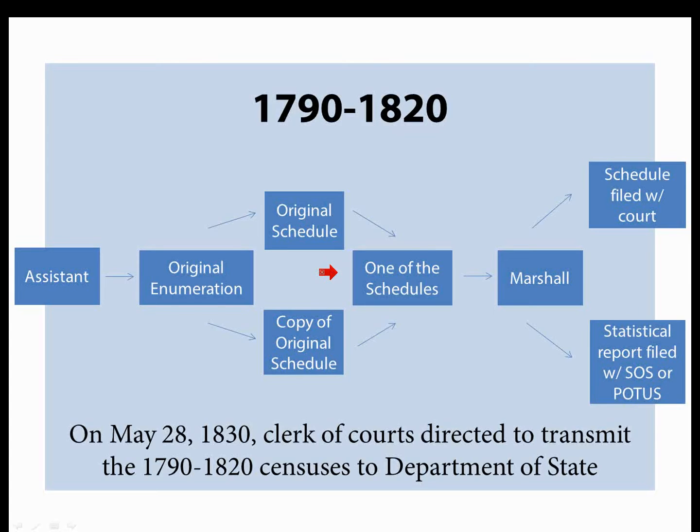The marshal was the supervisor of the assistant, and the marshal would then file a statistical report with the President of the United States. The first census, the 1790 census, was filed with him. The 1800 to 1820 censuses were filed with the Secretary of State. But then there was a copy that was filed with the county court.